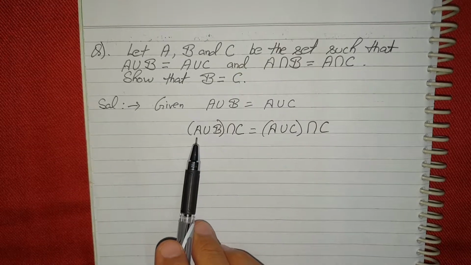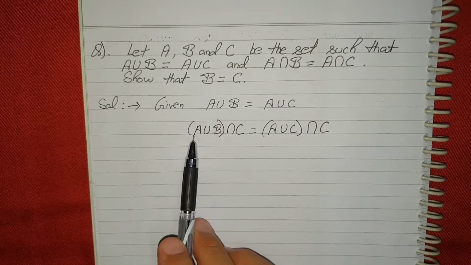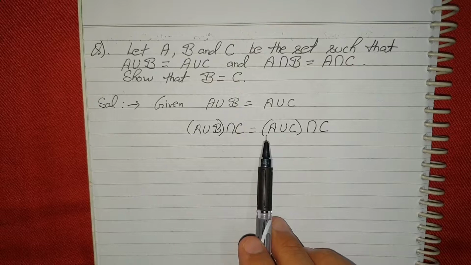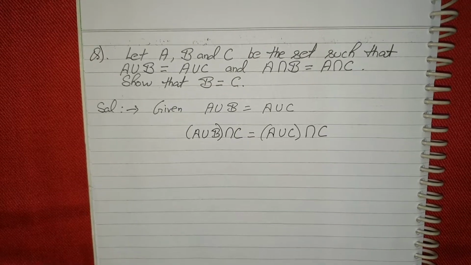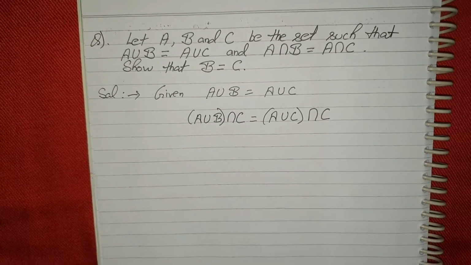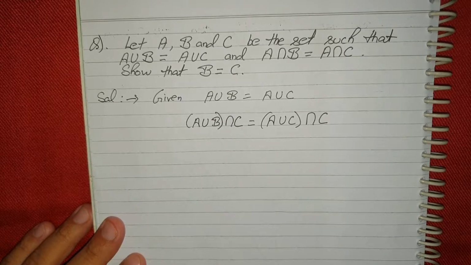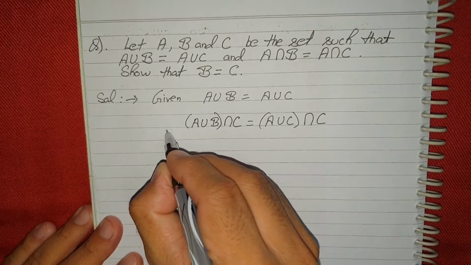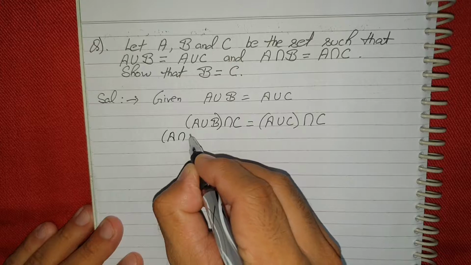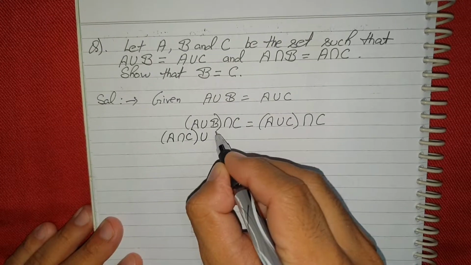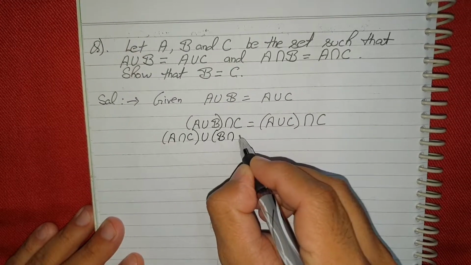Now see, by applying the distributive law, this is the left hand side, this is the right hand side. Applying the distributive law on this, we will get (A intersection C) union (B intersection C).